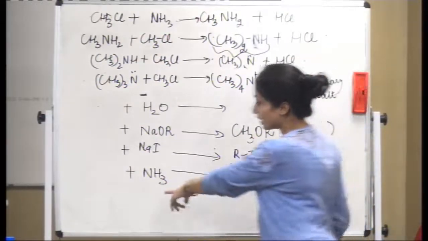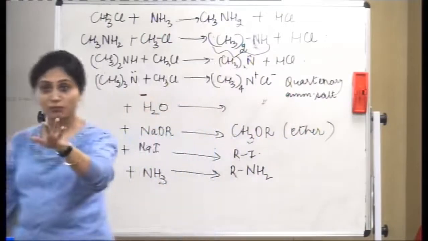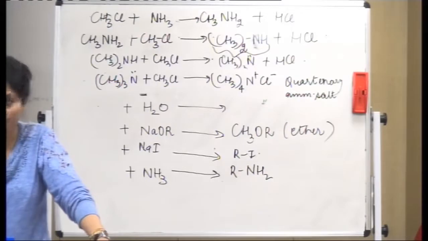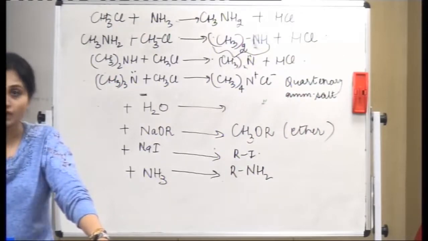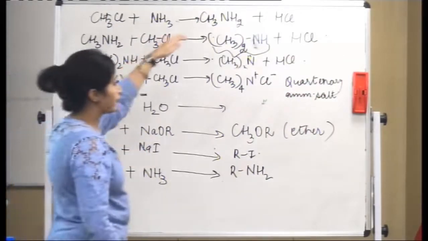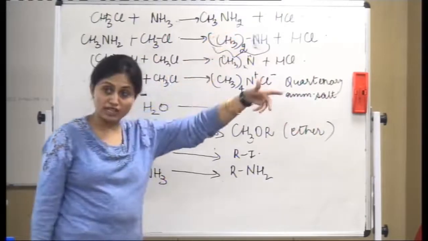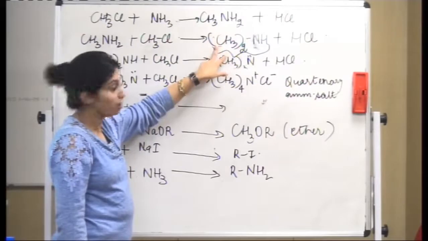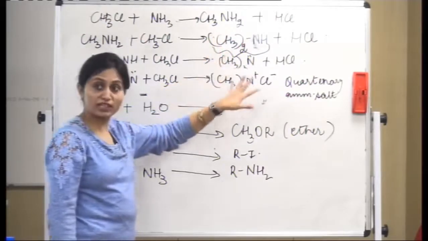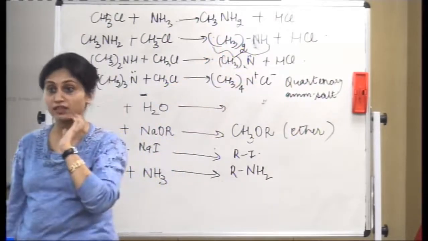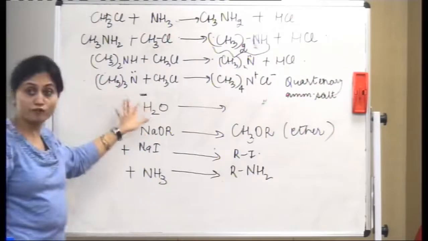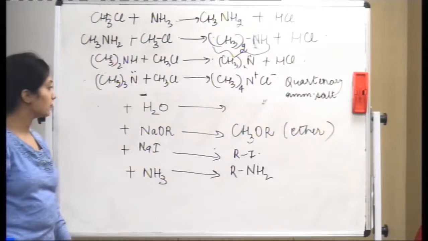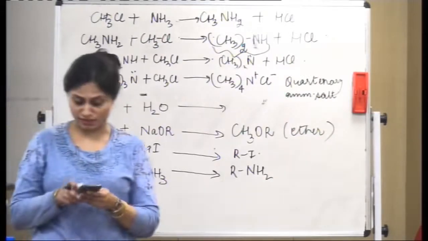So getting primary amine from the ammonia reaction is not a very good method because the reaction can go on and on and on. You get a primary amine, a secondary amine, a tertiary amine, and then you are getting a quaternary amine also from this method. This reaction is also known as Hofmann's ammonolysis reaction.